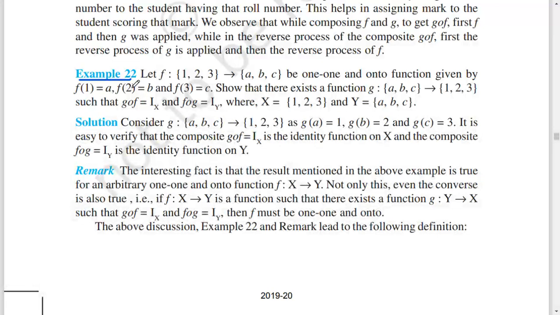Show that there exists a function g: {a, b, c} → {1, 2, 3} such that g∘f = I_X and f∘g = I_Y, where X = {1, 2, 3} and Y = {a, b, c}. Solution: Consider g: {a, b, c} → {1, 2, 3} with g(a) = 1, g(b) = 2 and g(c) = 3. It is easy to verify that the composite g∘f is the identity function on X and the composite f∘g is the identity function on Y.